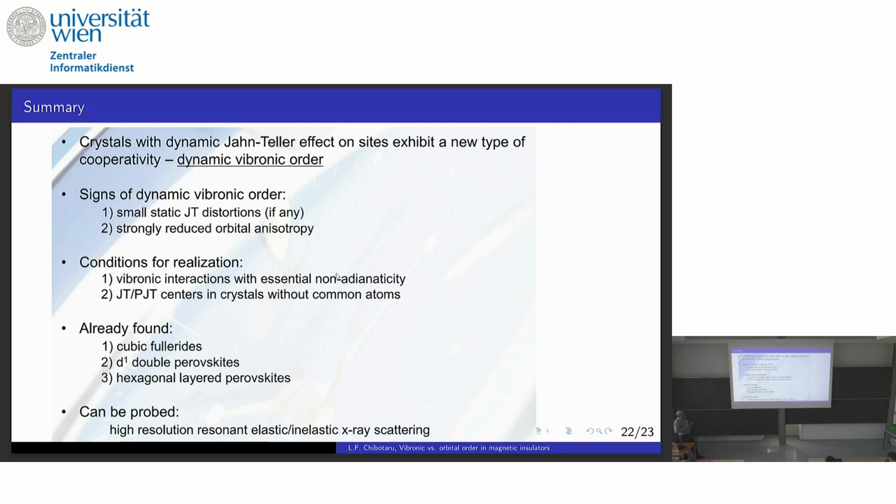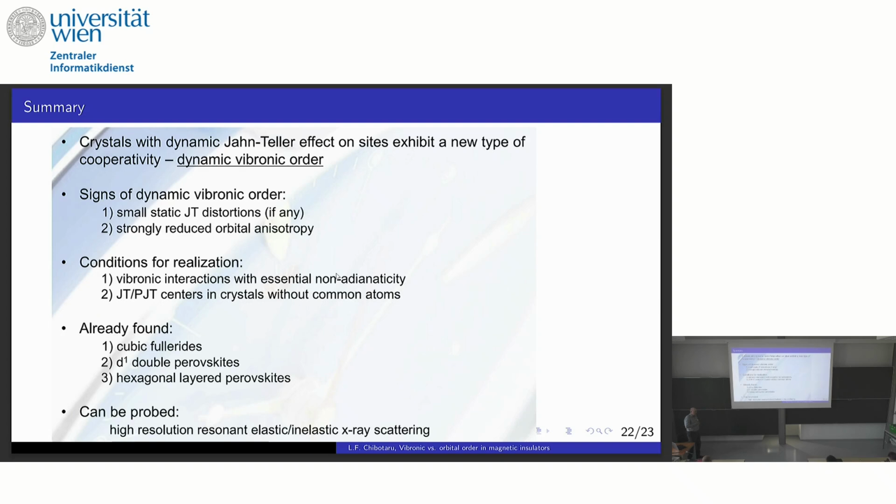The signs are small static distortion and strongly reduced orbital anisotropy when you have these dynamical effects. They are realized in systems with non-negligible vibronic non-adiabaticity. So these should be Jahn-Teller problems which give you a trough, a multidimensional continuum of minima.